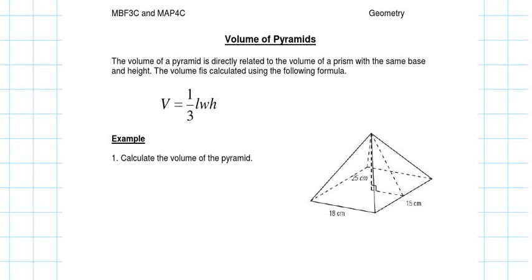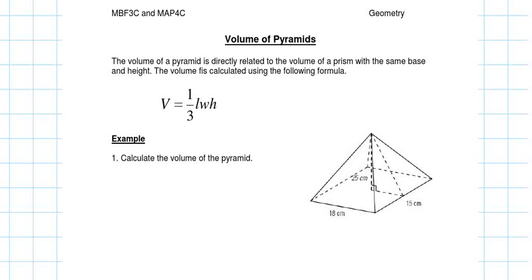Okay? Now what if I don't know that height, but they have given me the slant height? So if they ever give you the slant height, which is the height of one of the triangles, you can't use it. You need to find the height of the actual pyramid to be able to use it. Okay? So you have to be careful what is given to you.